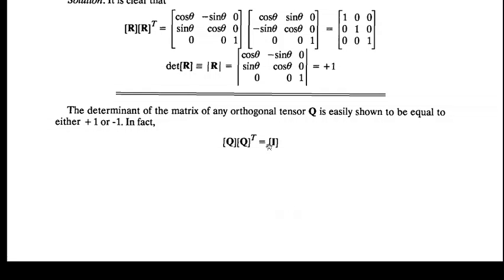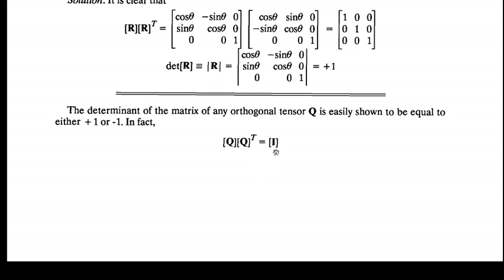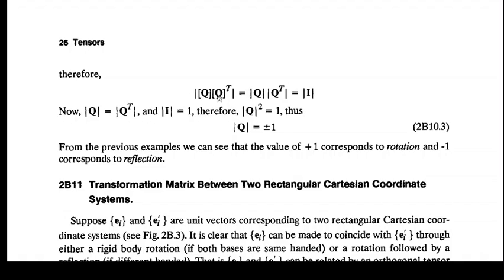Now, we know that Q transpose Q is equal to identity. Let's take the determinant on both sides. On the left hand side we can write this, and on the right hand side this is identity. We know that the determinant of identity is 1, and the determinant of Q and its transpose is the same. So we can write this as whole square equals 1, the determinant of identity.